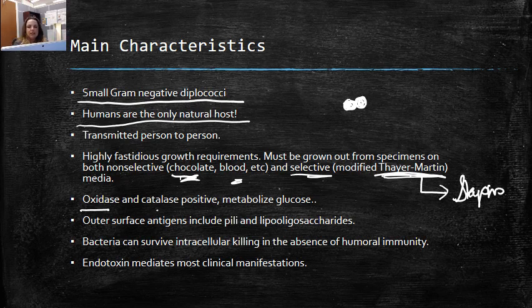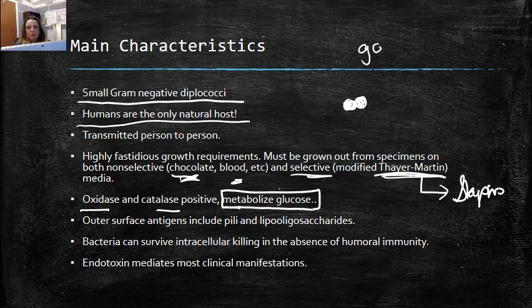It's oxidase and catalase positive, and this one is able to metabolize glucose. Now, remember with meningitis, we also had some alternative carbon sources, but gonorrhea is only able to metabolize glucose. Meningitis can metabolize glucose and maltose, and you can remember that by thinking of the letters that their name starts with.